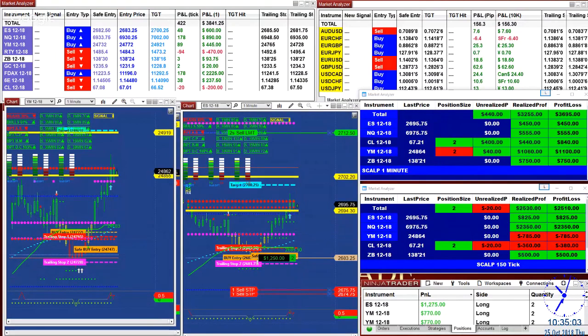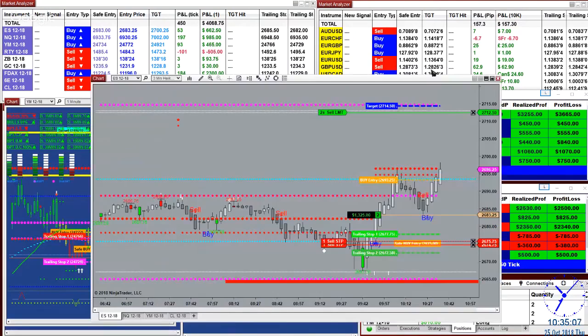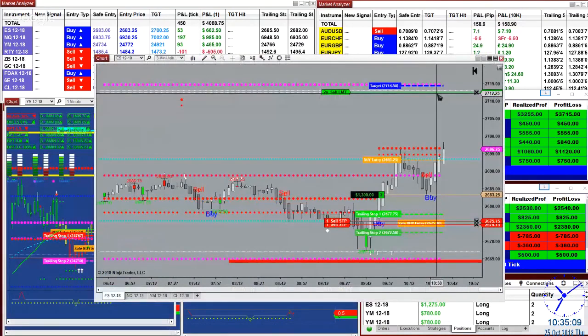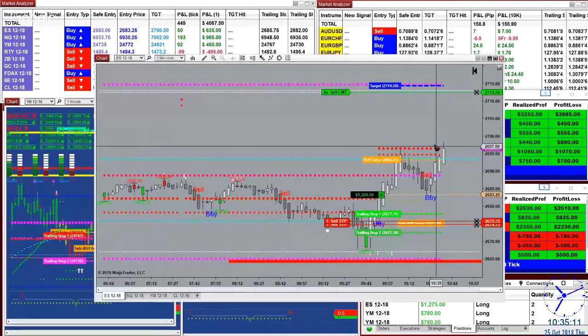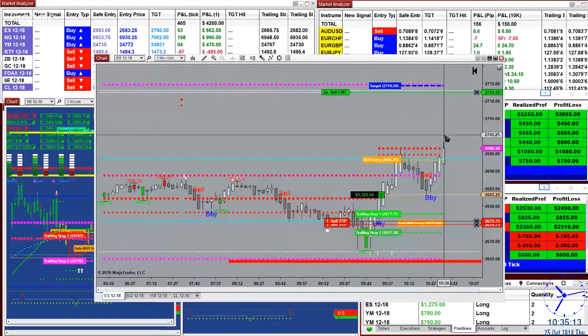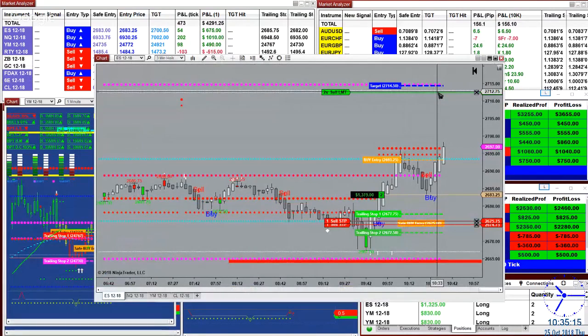The way it is, this market is pretty direct. Once we close above those double resistance, we should be straight to 12. This is a very nice trade.